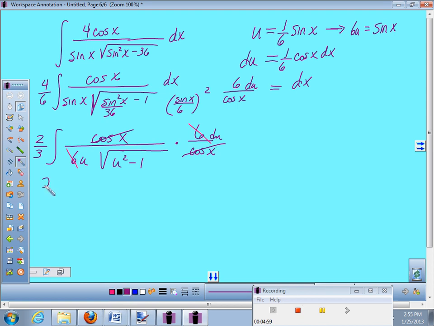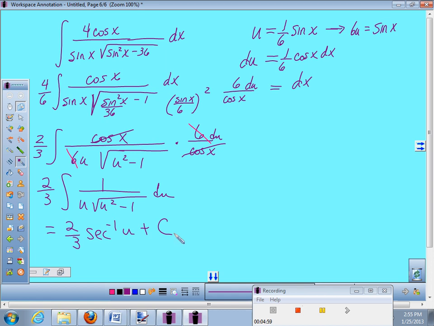So I'm going to clean it up so you can see it. You now have a 1 on top, a u on the bottom, times a square root of u squared minus 1. Is that the correct inverse trig function? Yes, that is inverse secant. So therefore, when I integrate, it becomes 2/3 inverse secant of u.